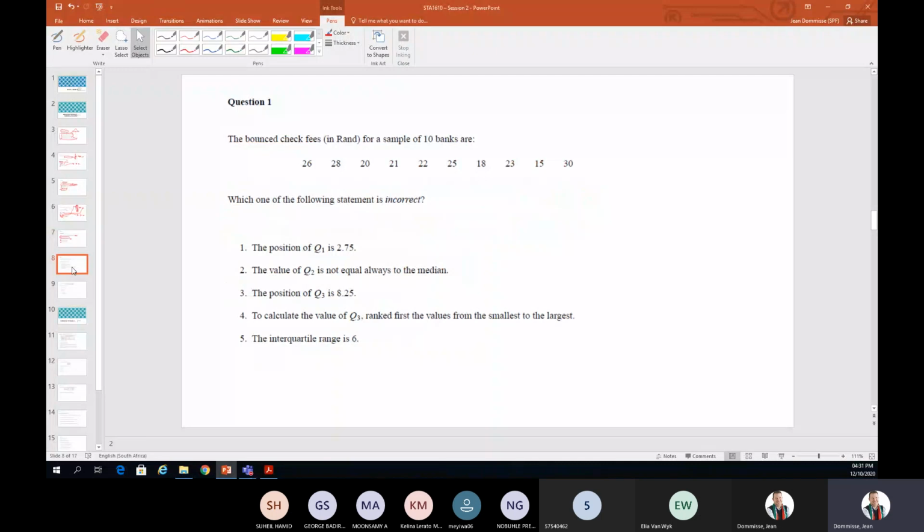So let's get into Q1, Q2, Q3 and the interquartile range, and let's quickly see if we can answer a few of these questions. Okay, first again we need to order. So 15 is the smallest. Then it is 18.